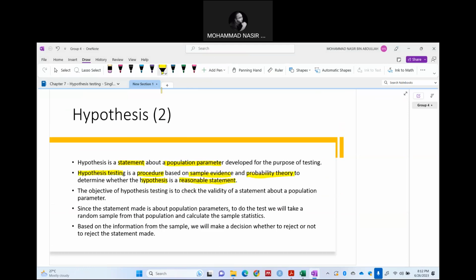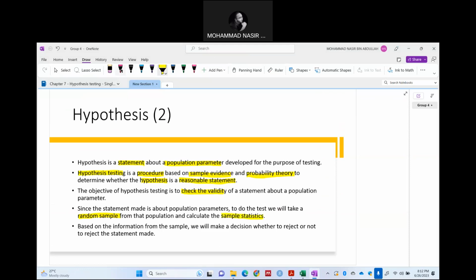The objective of hypothesis testing is to check the validity of a statement about the population parameter. For example, as I said before, I claim that the mean weight of all students in this class is less than 73, so I need to prove whether the claim is true or not by using hypothesis testing. Since the statement made is about a population parameter, to do the test we will take a random sample from that population and calculate the sample statistic, which is X bar.